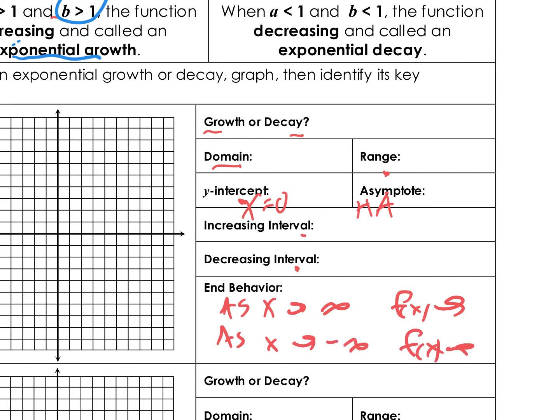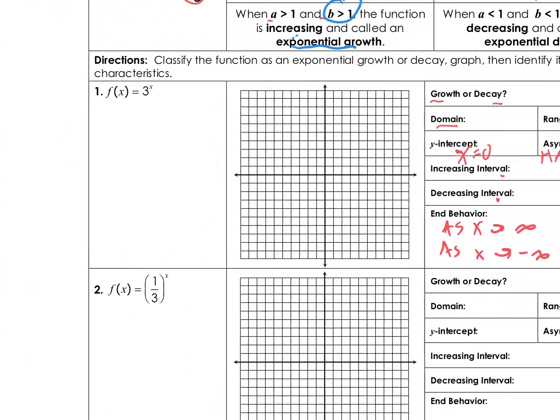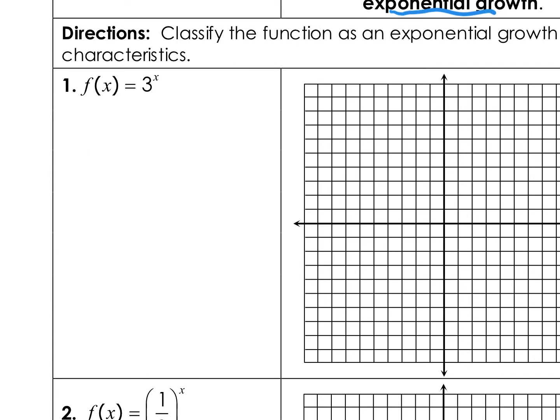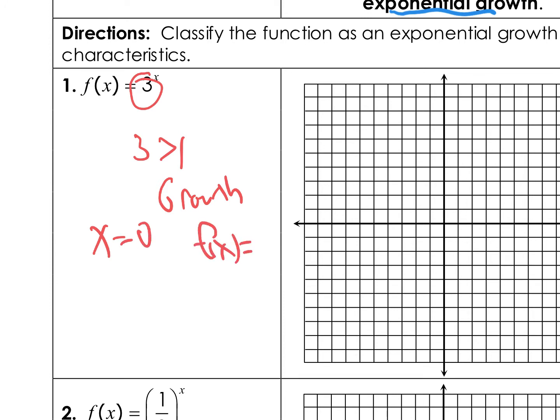We've done this before. So the problem we're going to start with is 3 to the x. This is not any different than we just got done doing. 3 is greater than 1. Therefore, it's a growth. When x equals 0, we know f of x equals 1 because 3 to the 0 is 1.